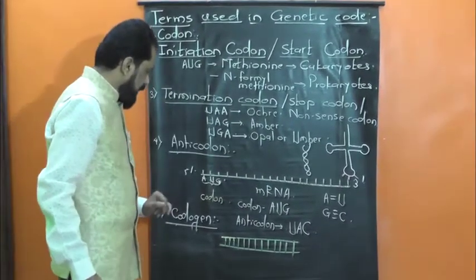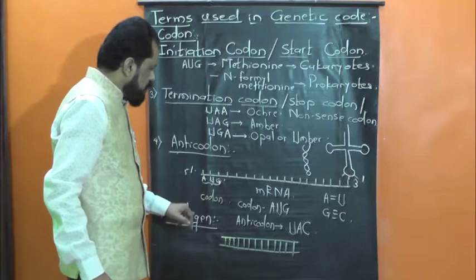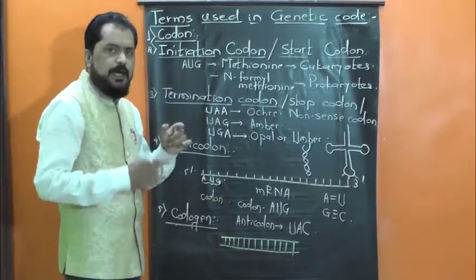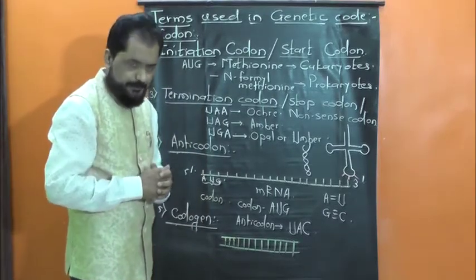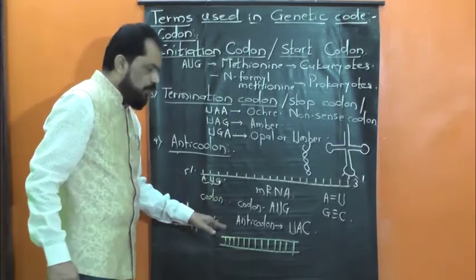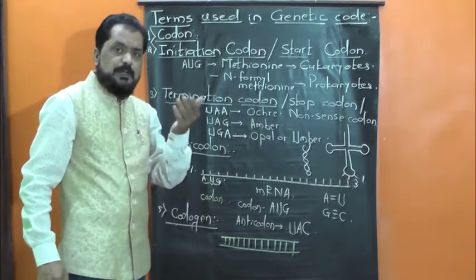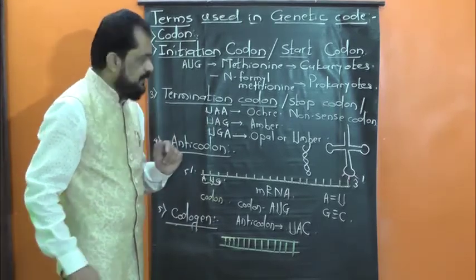Now one more thing, the codogen and codons are complementary to each other. याचा अर्थ कोडोजन आणि कोडॉन हे परस्परांना कॉम्प्लिमेंटरी असतात. कसं?